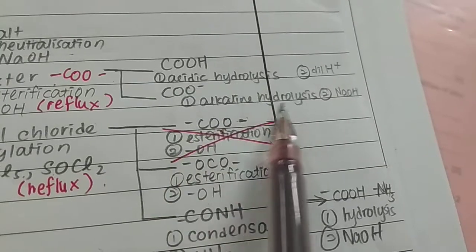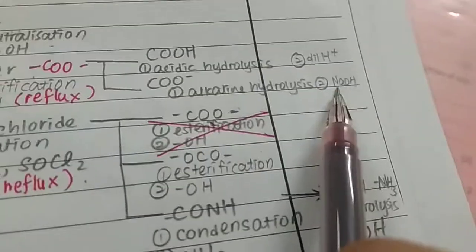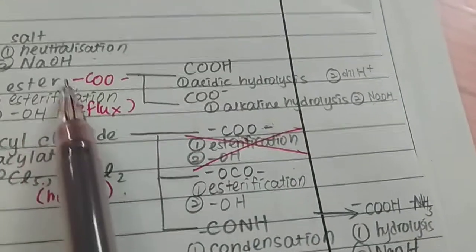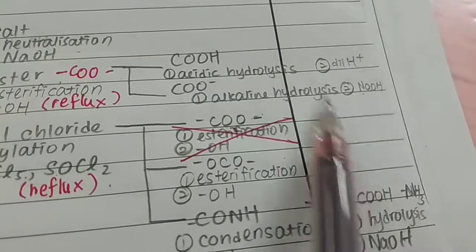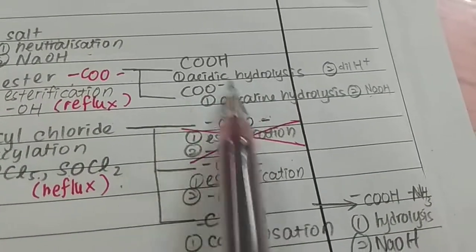After this, we'll have alkaline hydrolysis, and we will need NaOH to react with ester to give carboxylate salt.